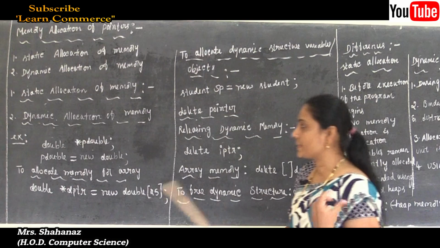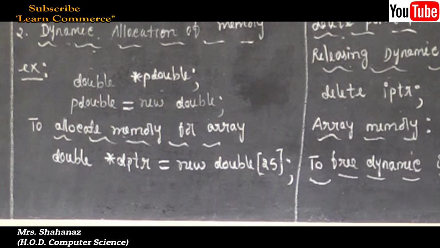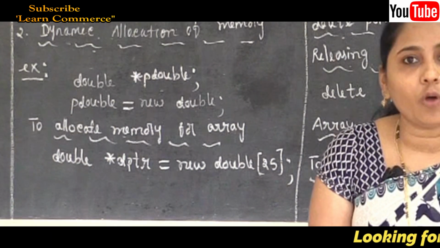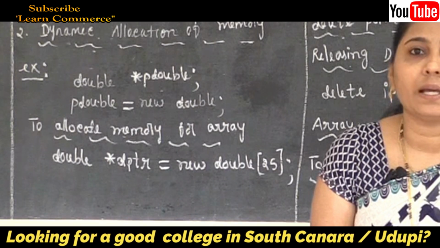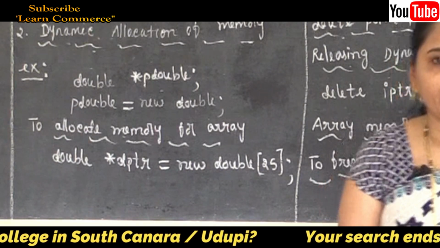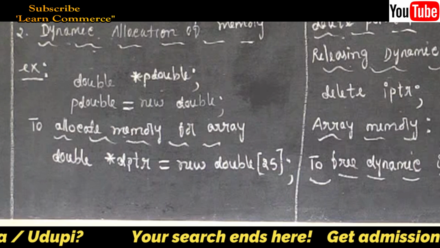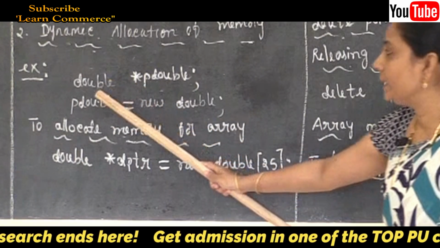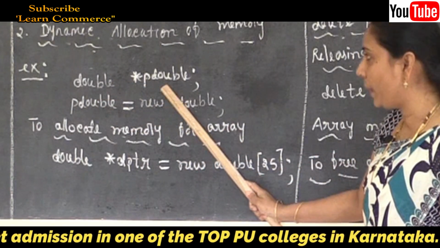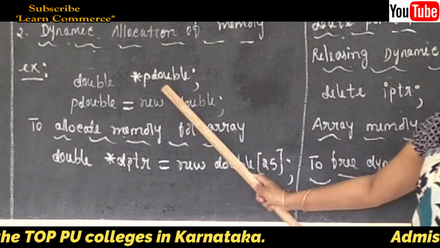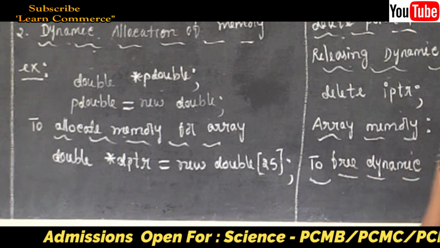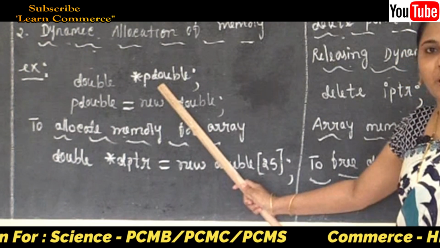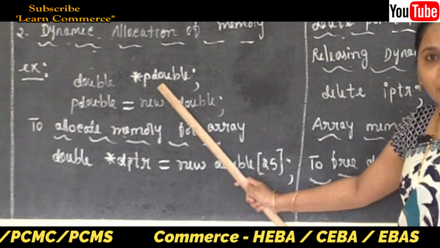Here I want to increase the memory, or simply we can allocate some amount of memory space for the variables while the program is running by using the new operator. In the first example, double pointer p_double, the first line declares the pointer variable. The name of the pointer variable is p_double.